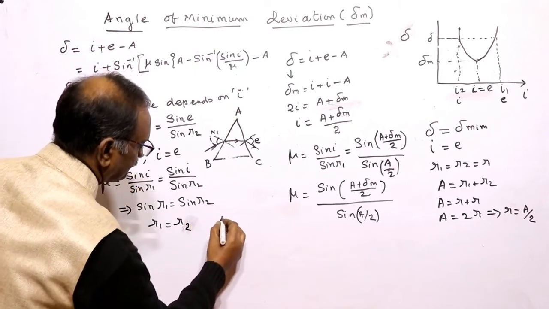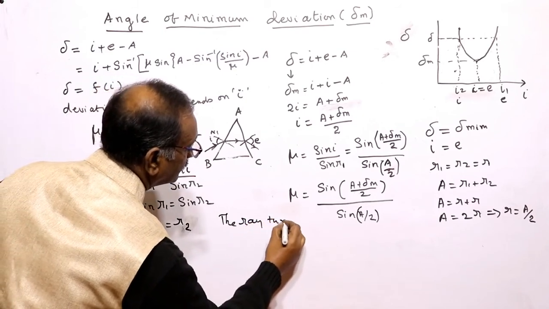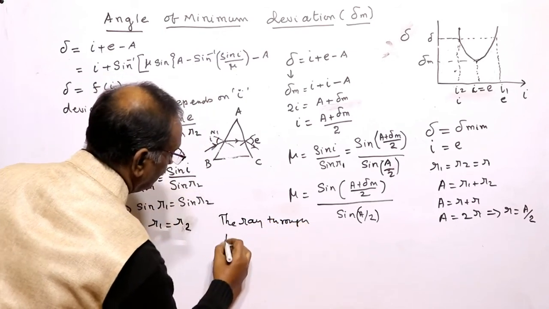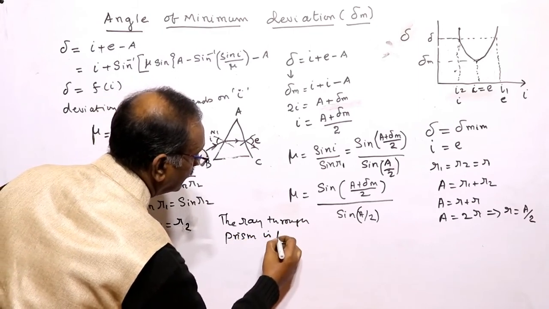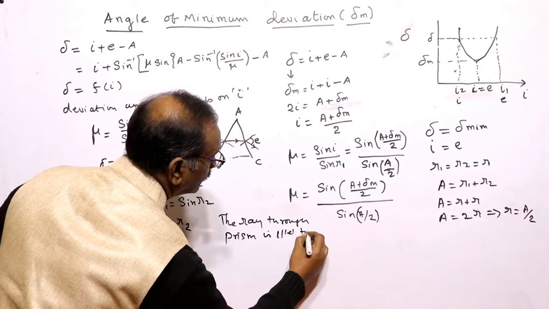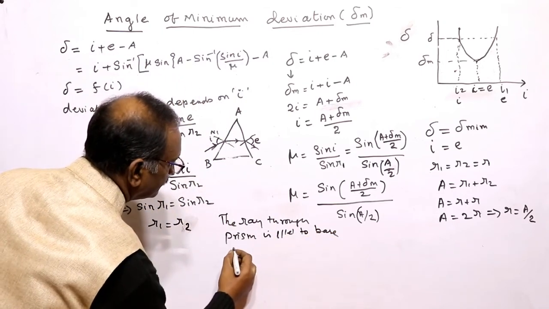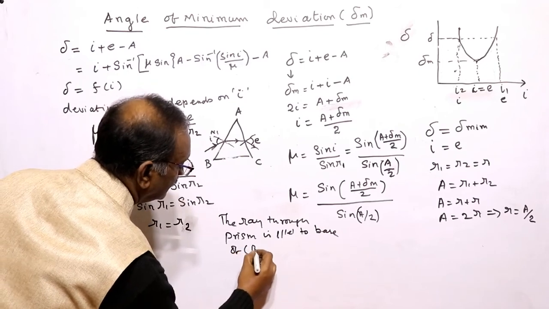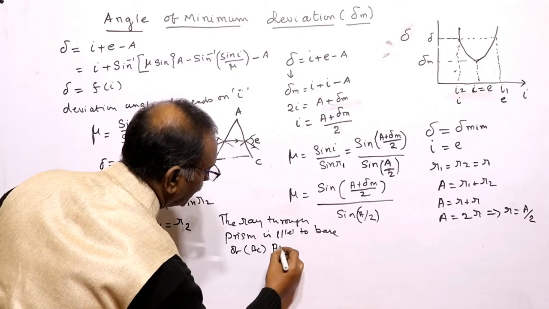The ray through the prism is parallel to the base BC of the prism.